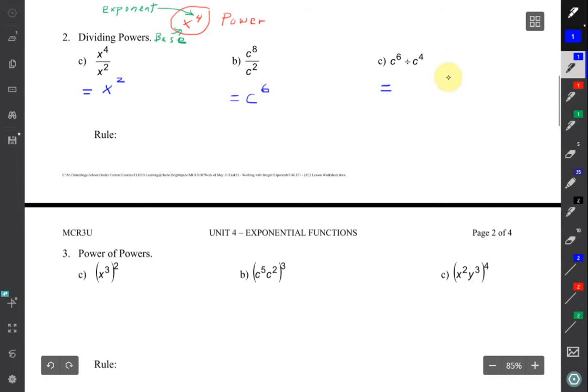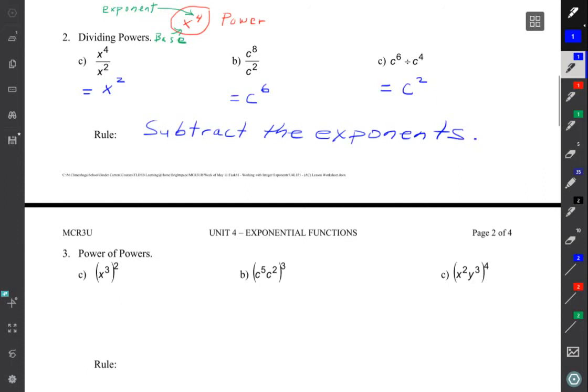And so we have c squared. And so in this case then, when we're dividing powers, the rule is to subtract the exponents. And again, that's because there's canceling taking place, so there's going to be fewer of them when we're done.